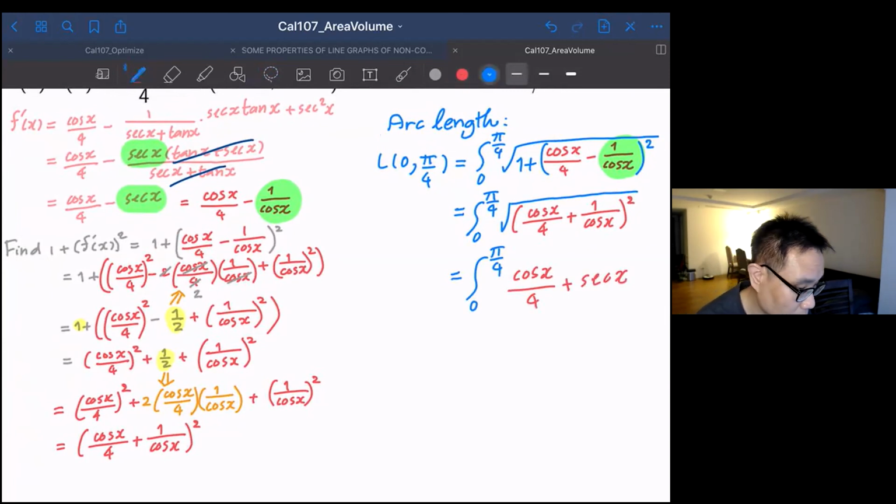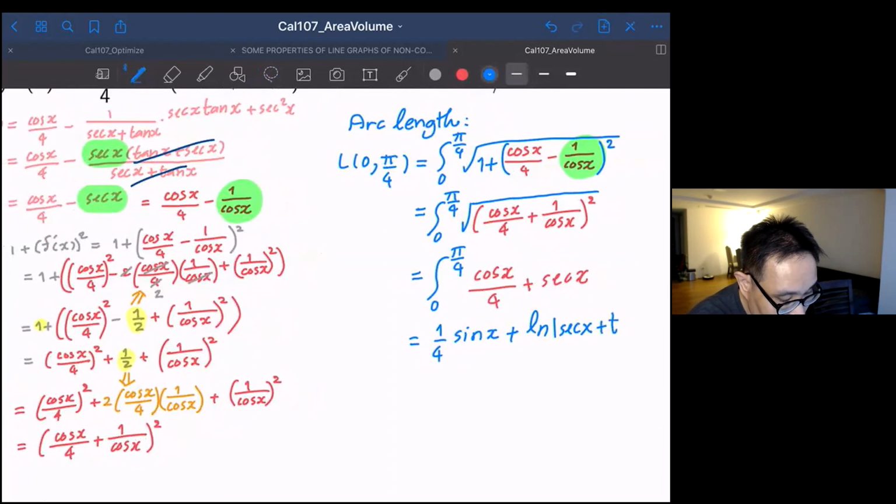And then we're going to integrate. So it's going to be 1/4, integrate cos, it's going to be sin, integrate secant, it's going to be log absolute sec x plus tan x. Okay, and it's going to be from 0 to pi over 4.